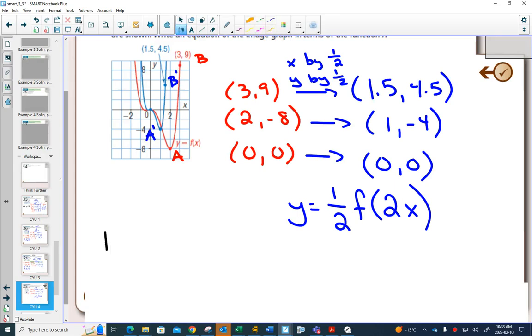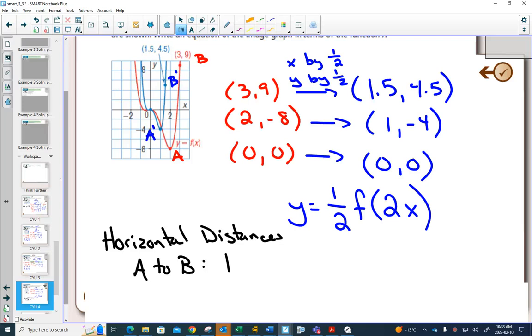And we're going to look with those 2 points at both horizontal distances and vertical distances. So the horizontal distance from A to B, I went 1 unit to the right, which would be 1. The horizontal distance from A prime to B prime, that's on my blue graph. I'm going to color code this for you. On the red graph, from A to B was 1 distance.